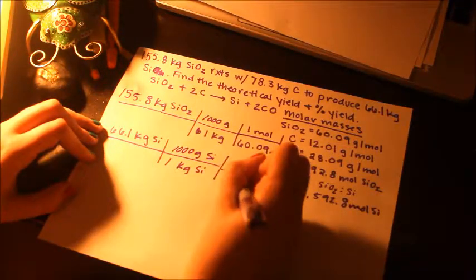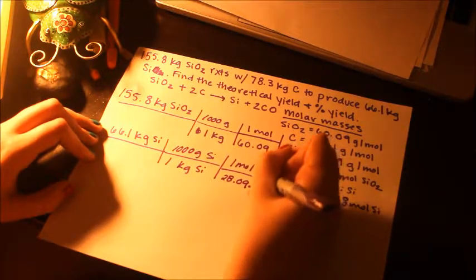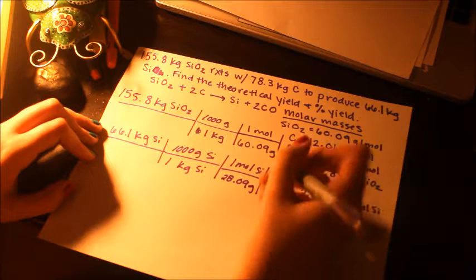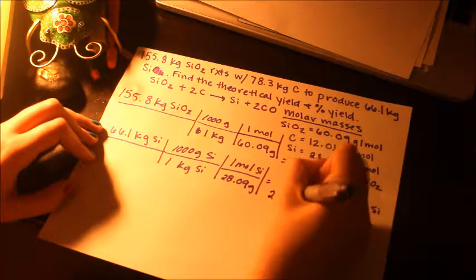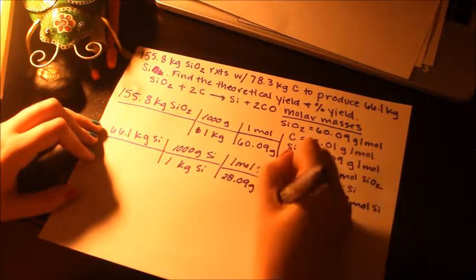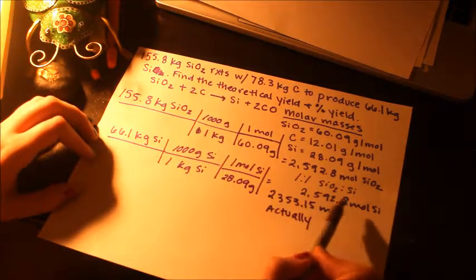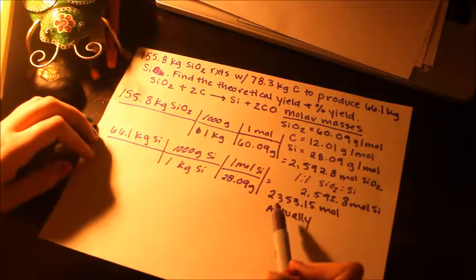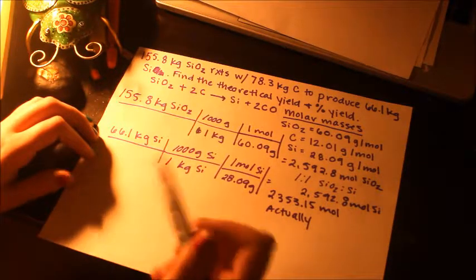So 28.09 grams of Si equals 1 mole of Si, and that equals 2,353.15 moles actually produced. So we have 2,592 versus 2,353. Our actual is lower than our theoretical, so we're looking good so far.